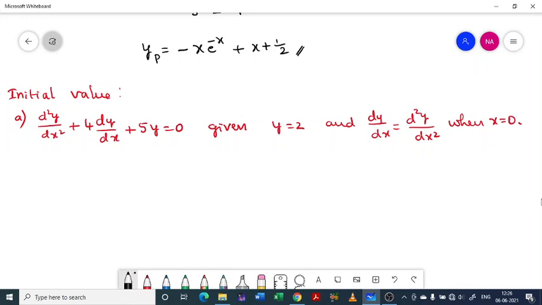Solution. So here see, this is the given equation and this is the condition.